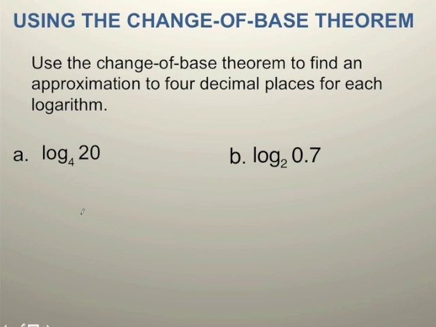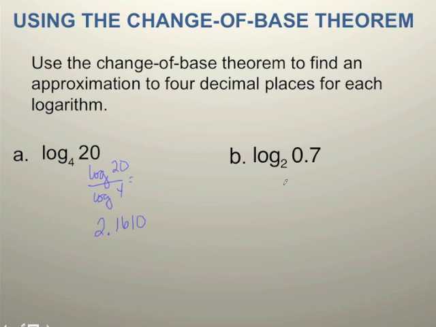Using that change of base theorem, what we'll be looking for is the log of 20 divided by the log of 4, and to 4 decimal places that turns out to be 2.1610.